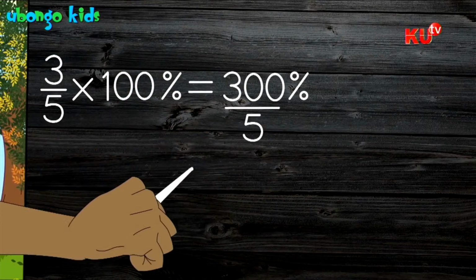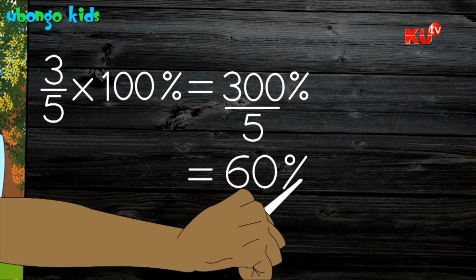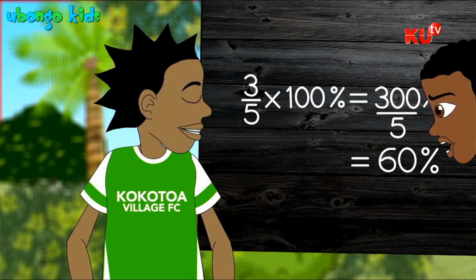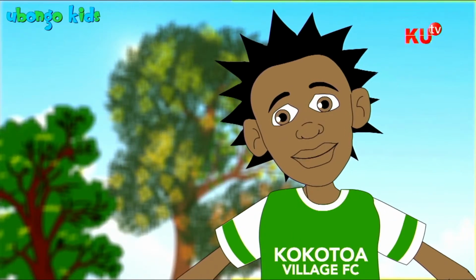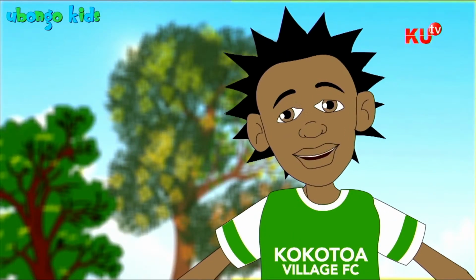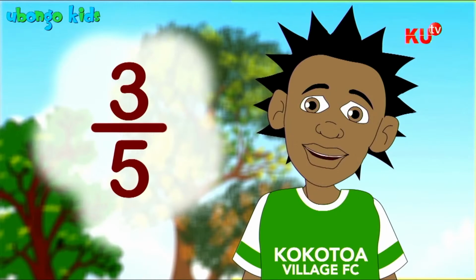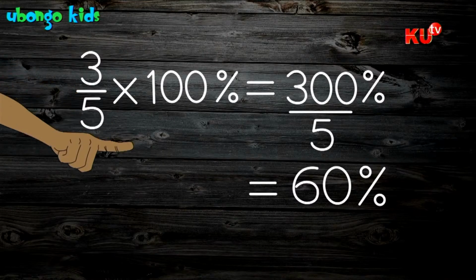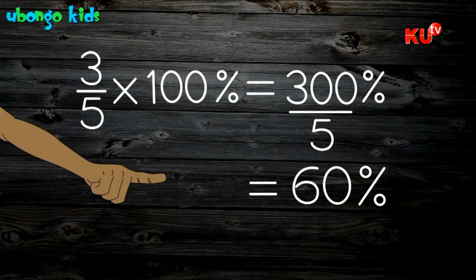And 300 divided by 5 is 60. 60%! How did you do it? You started well, Koba. You got 3 out of 5. Now look. 3 out of 5 is the same as 60%.